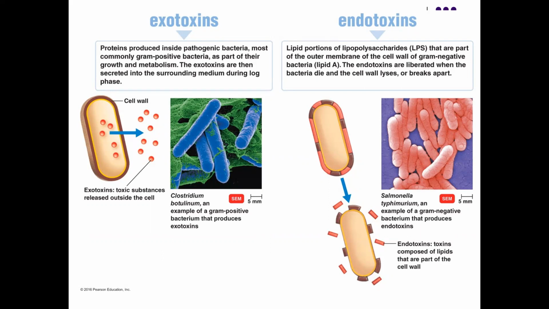So what happens is when the bacteria dies, or should the bacteria be killed by the immune system, the bacteria is essentially ripped apart and that releases the endotoxin into the body. So it's a very different type of process, okay? It's like when the bacteria dies or it's killed, it's destroyed, that's what releases the endotoxin, okay?